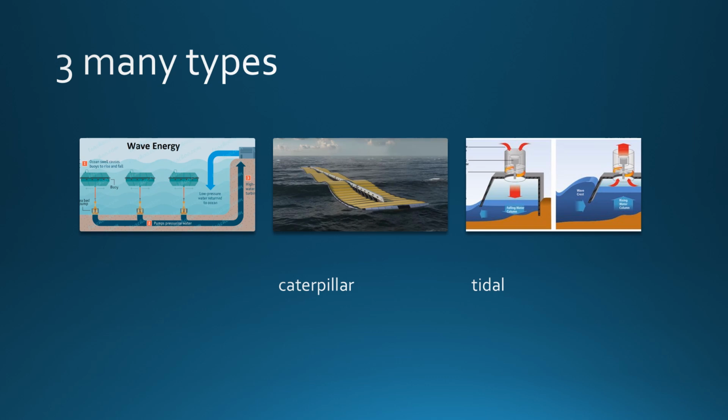Now, actual wave type, there's the standard buoy system that floats up and down with the waves. And you see this, I will explain later why this wave system is very inefficient. This caterpillar system is probably the most efficient. And like I say, most are actually tidal systems, not wave systems.